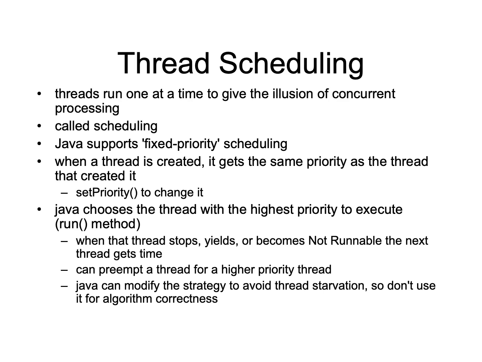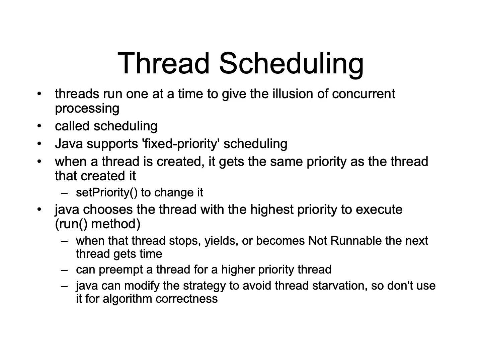A scheduler gives the illusion of concurrent processing. Java originally had fixed priority scheduling. I'm actually not sure if it's still using fixed priority or if there are other ways to set up the scheduling for Java now. In fixed priority scheduling, when a thread is created, it gets the same priority as the thread that created it, and you can set the priority with a call to setPriority.